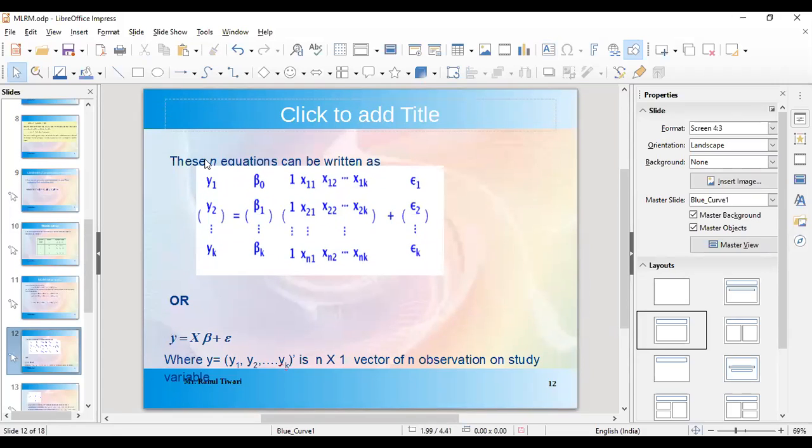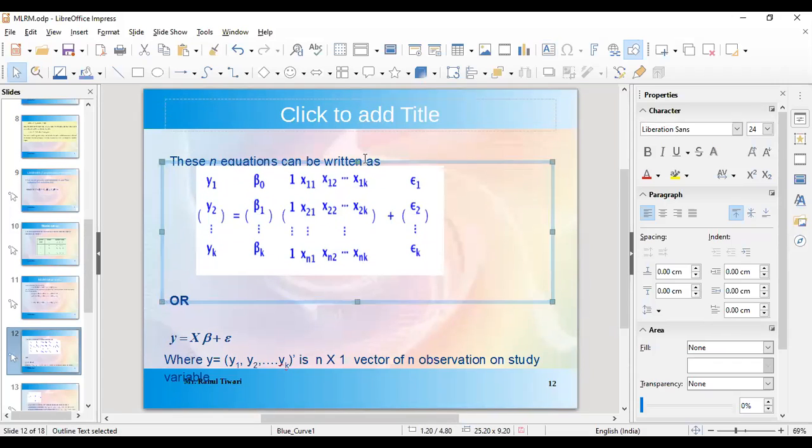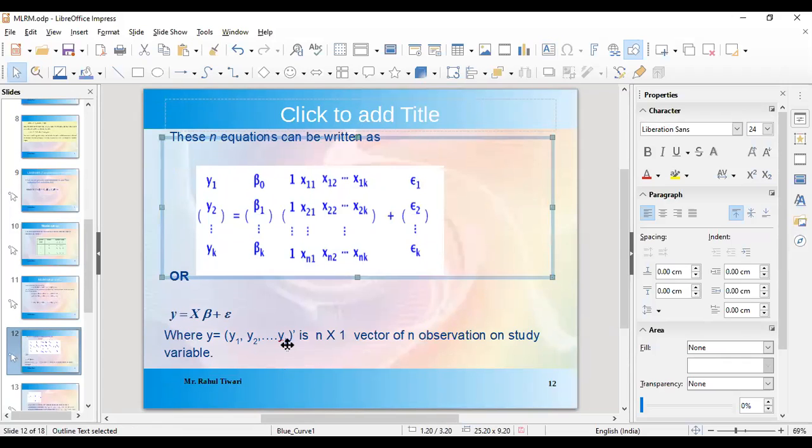Here y is y1, y2, up to yn, an n cross 1 vector of n observations on the study variable. This is the study variable.